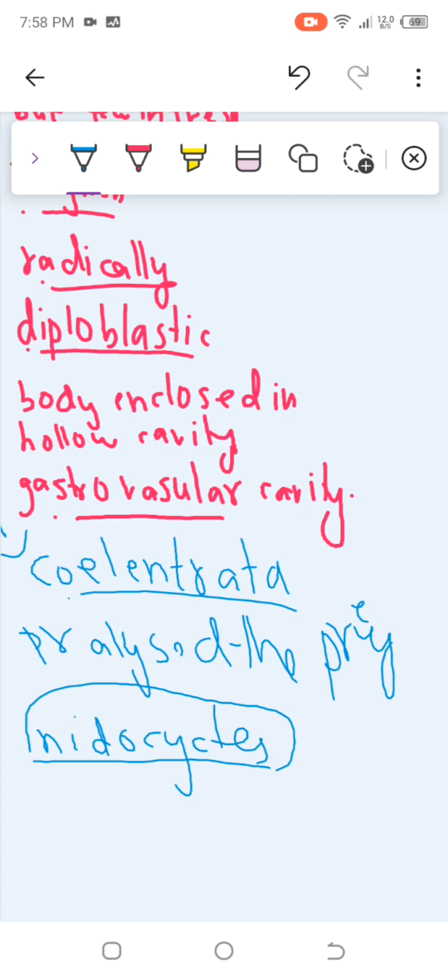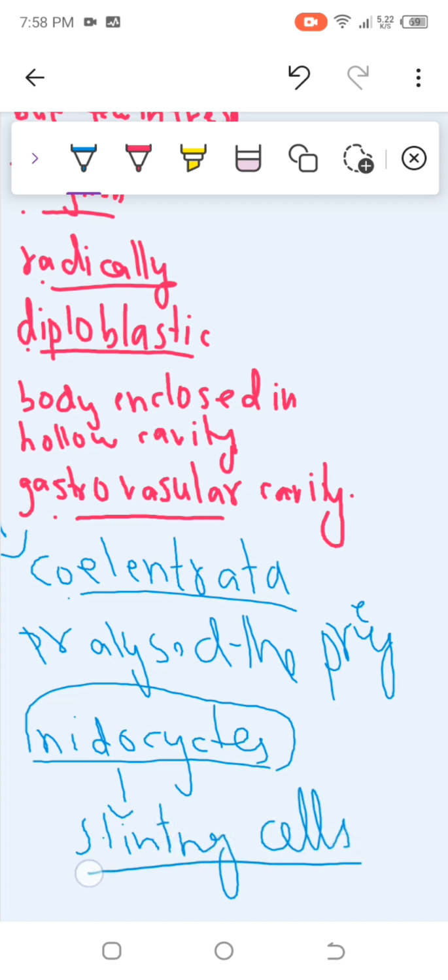That's why they are named Cnidaria, because they have stinging cells. If you want to learn more about these cnidocytes, you may watch my Hydra video, in which I have explained everything in great detail.